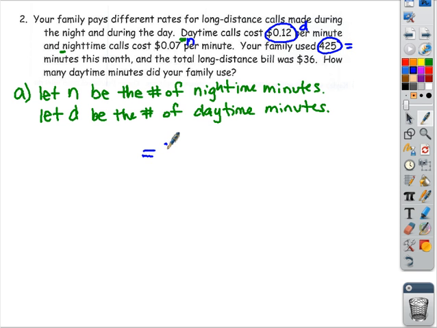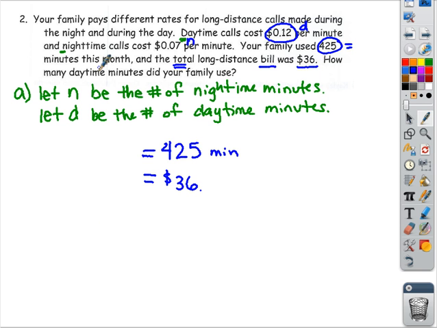So when I start my equations, I always want to keep a lookout for my totals. 425 minutes this month, and the total, there's another one, long distance bill was $36. So 425 minutes, and the other total was $36.